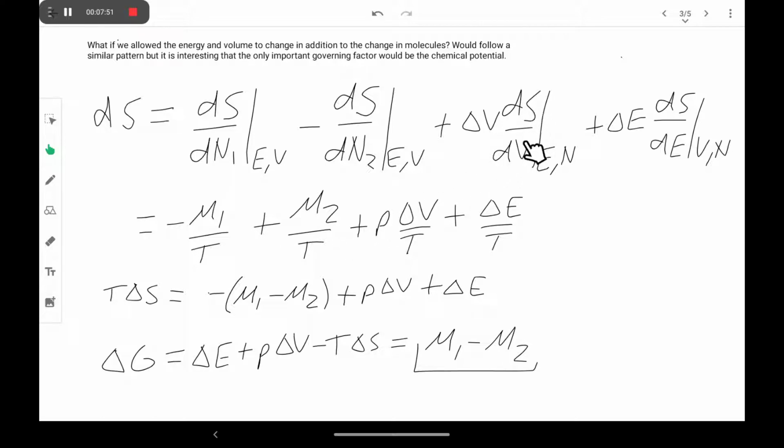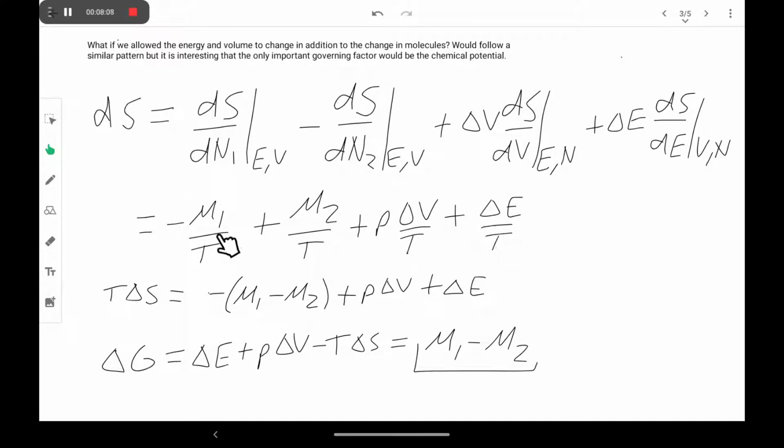Now, we haven't seen this since chapter 6, but dS over dV is actually the pressure over the temperature. And similarly, this dS over dE, that was our first derivative we looked at. That's equal to 1 over the temperature.